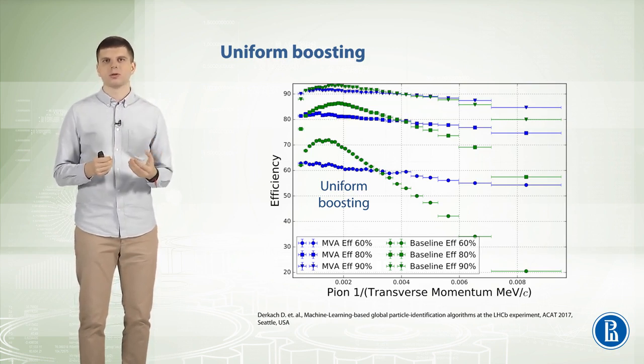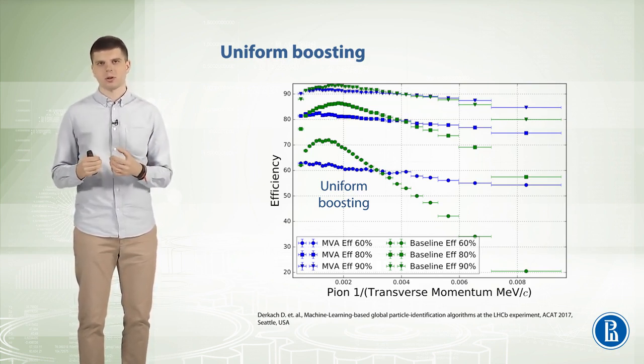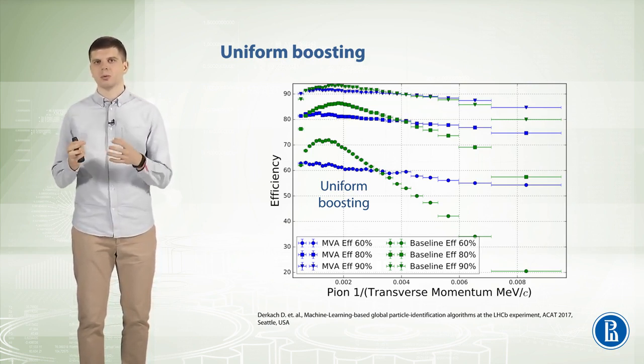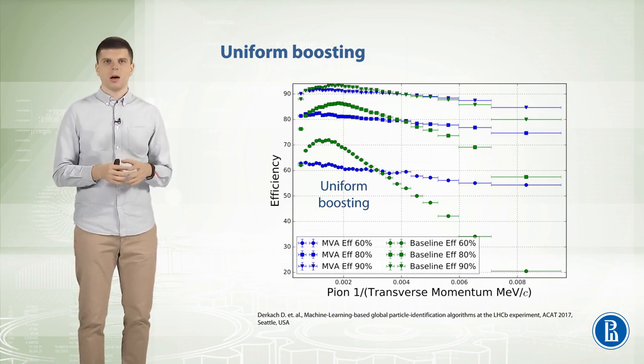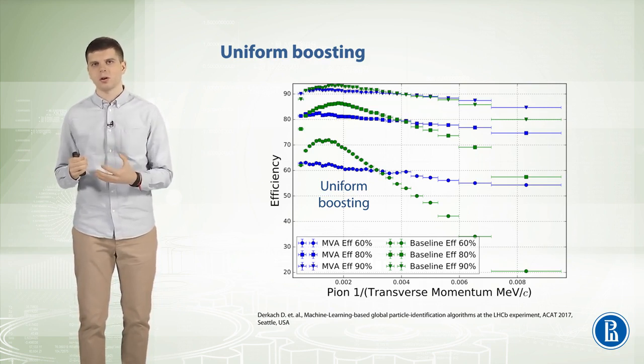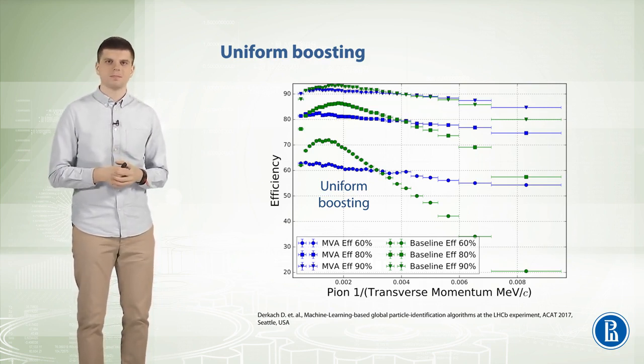The blue curves correspond to the uniform boosting, which is an AdaBoost classifier modified as described previously. And the green curves correspond to the non-modified gradient boosting classifier on decision trees.